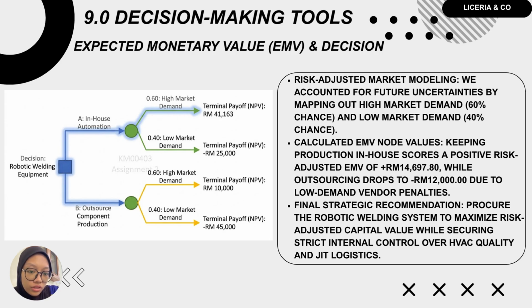This adjusted calculation proved that keeping production in-house yields a strong positive EMV of 14,697, while outsourcing drops to a negative EMV of 12,000 due to low-demand vendor penalties. Thus, our final strategic recommendation is to pursue the robotic welding equipment to maximize capital value and secure absolute control over quality and logistics. So that's it.